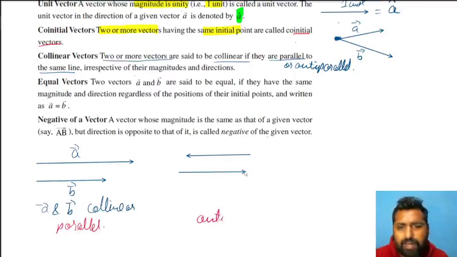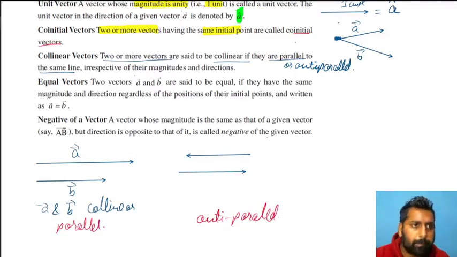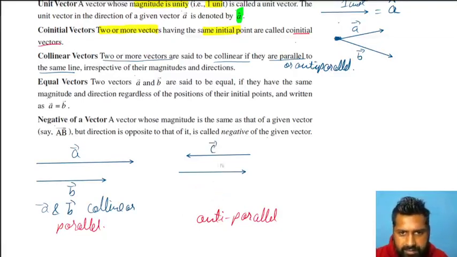The lines are parallel but the directions are opposite. Let's name them something else, C vector and D vector. The directions are opposite, still they are collinear.